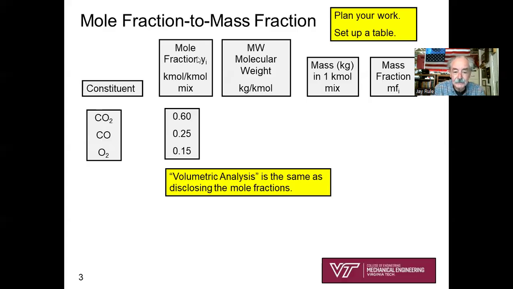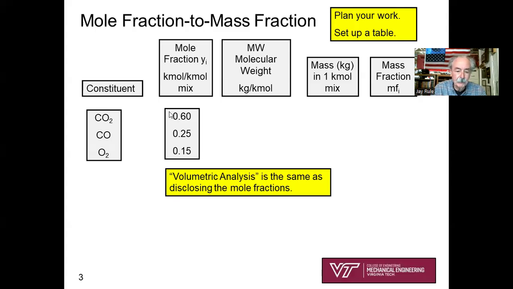Okay. The next column is going to be the mole fraction. That's what's given to you. And in my world, what I do is I write out the units of the mole fraction. That's kilomoles of each constituent divided by the kilomoles in the mixture.